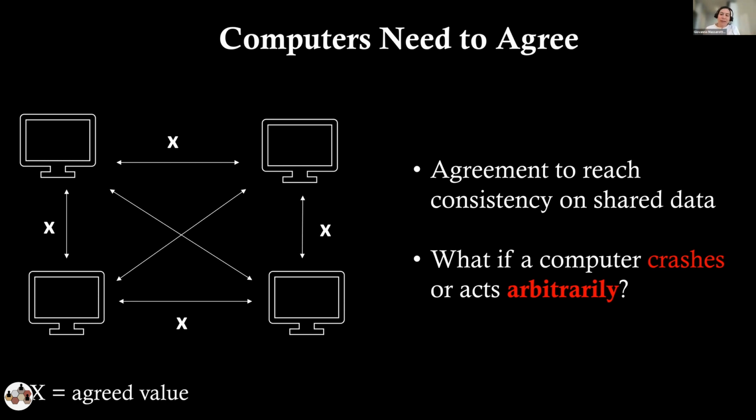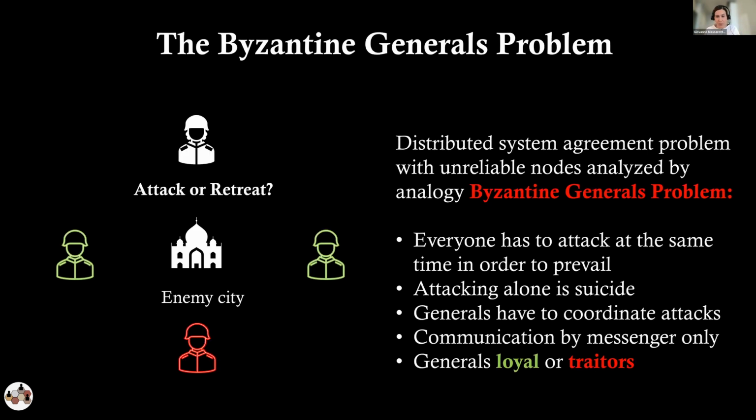But what if a computer crashes or starts acting arbitrarily in a way that looks almost malicious? So a computer is unreliable, and you cannot really rely on its behavior. This problem in computer science is known as the Byzantine Generals Problem.